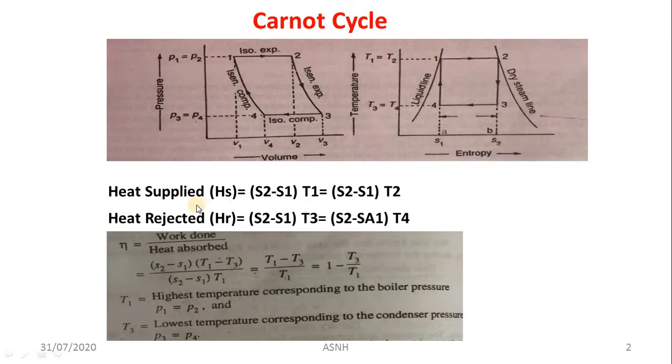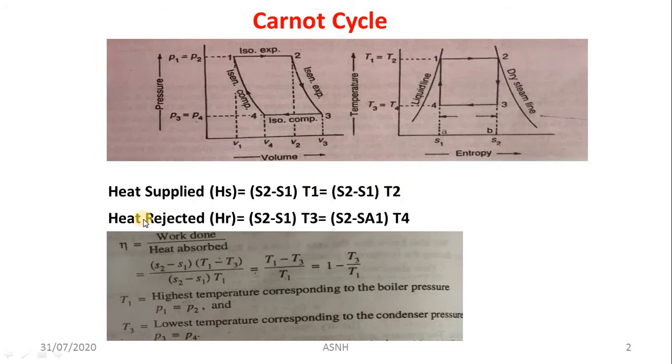So this is the formula of the heat supplied. Similarly, you can write S2 minus S1 into T2, because T1 and T2 are the same as this process happens at constant temperature. So T1 is equal to T2, and I just replace T1 by T2 here.